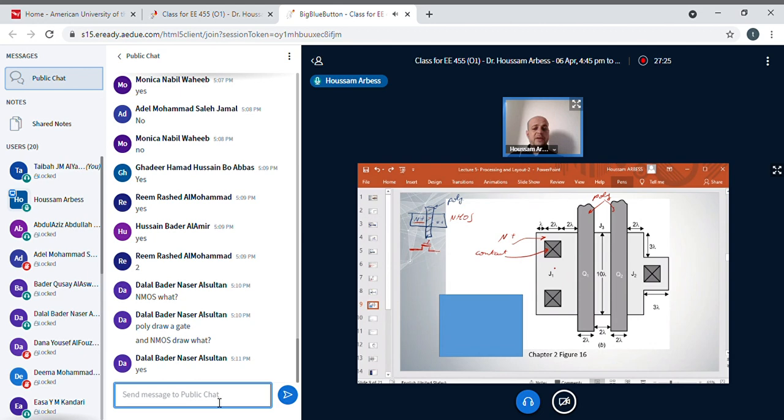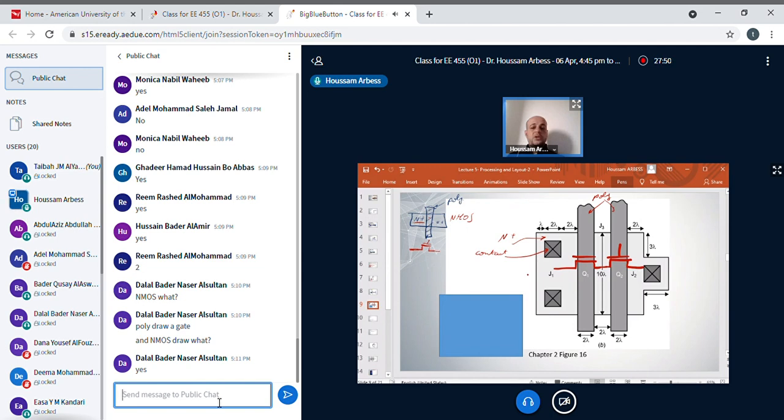Here also I have N plus, so I will sketch drain or source. Then I have here the polysilicon, that means here I have a gate. Another N plus, so also drain or source. Then another poly, another gate, and finally another N plus.